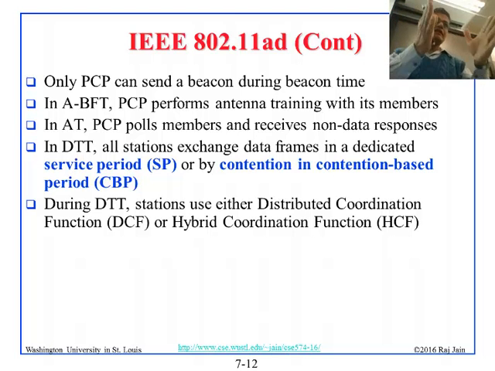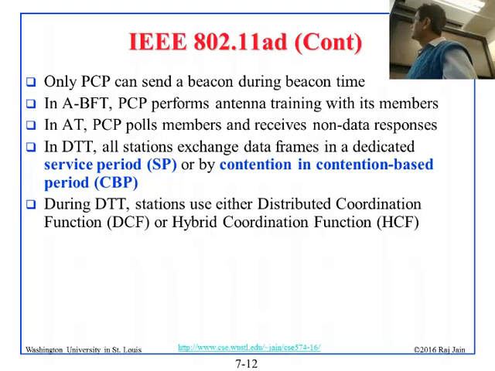PCF has a dedicated time. Nobody else can transmit during that time, and it is reserved for you. The distributed coordination function is the time when you have to do RTS, CTS, etc. Here we don't have RTS, CTS, but we have what is called the contention period. So we have two periods, the dedicated period and the contention period.